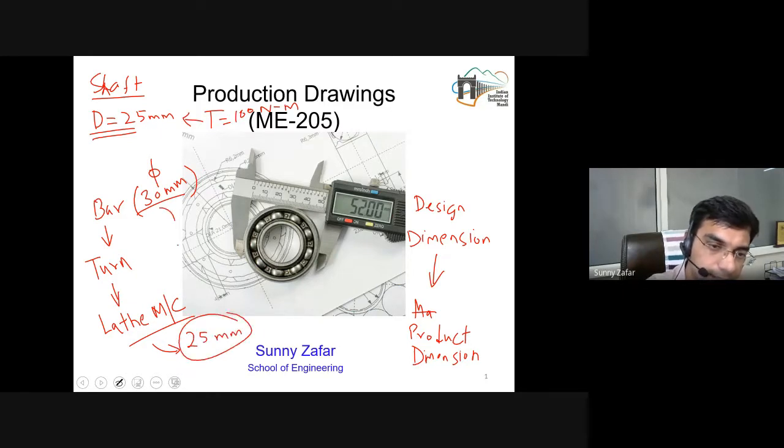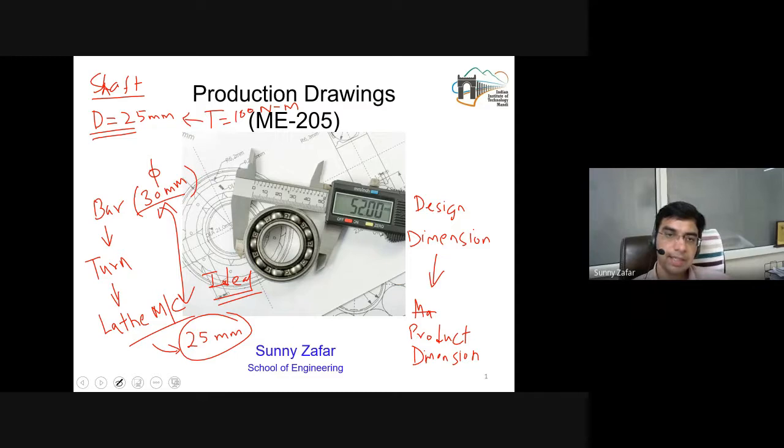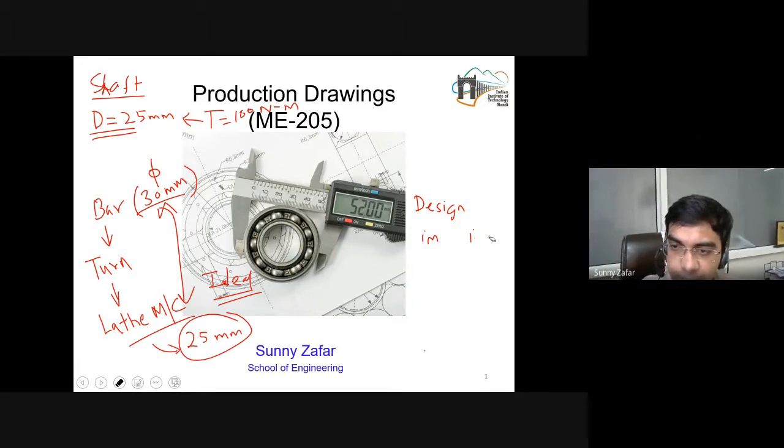This is a very, very ideal scenario, but that will never be the practical scenario. In the practical scenario, I may target 25 millimeters as the dimension, but I am never going to achieve it exactly. I may achieve 24.995, or I may achieve 25.010.